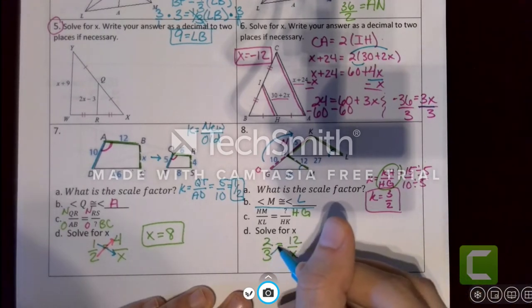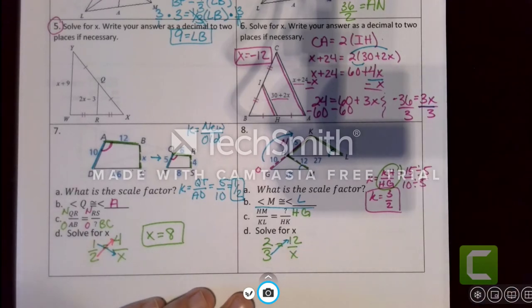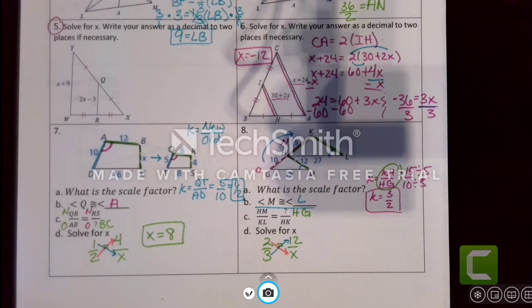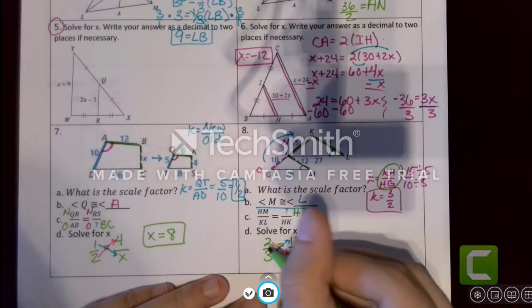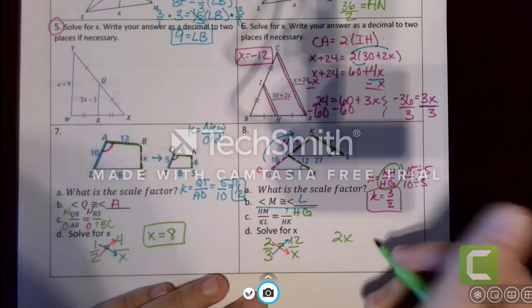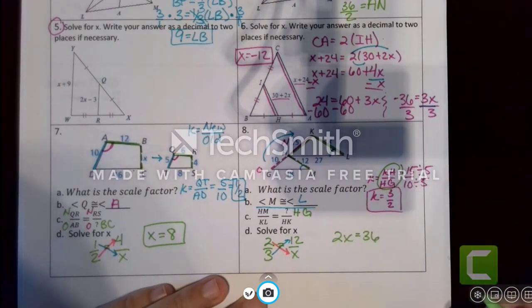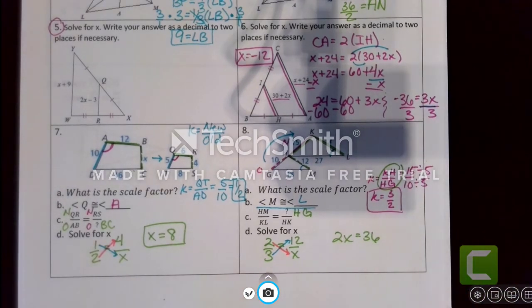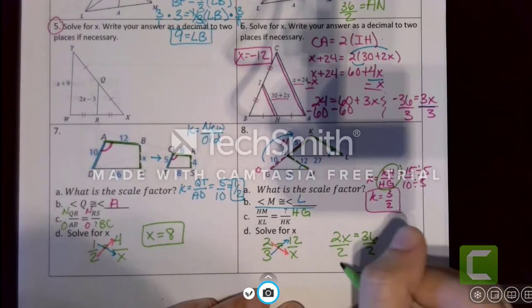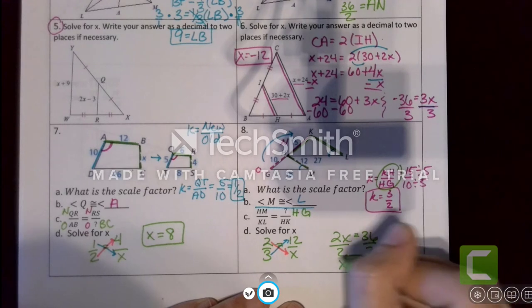So 3 times 12 and 2 times x. 2 times x gives you 2x, and 3 times 12 gets you 36. Now, if you have anything multiplied to your variable, you need to divide it away, which means we have 36 divided by 2 to get us a value of x is equal to 18.